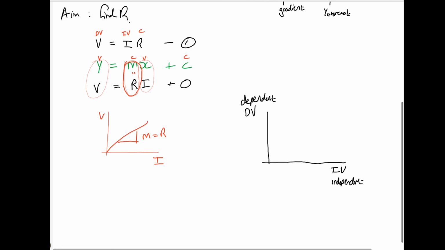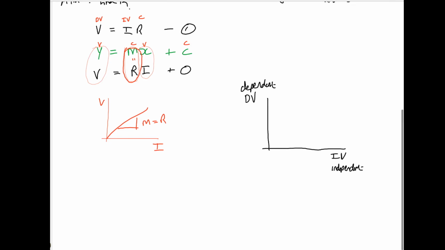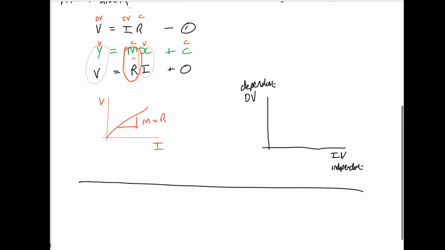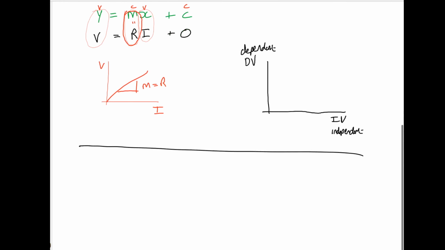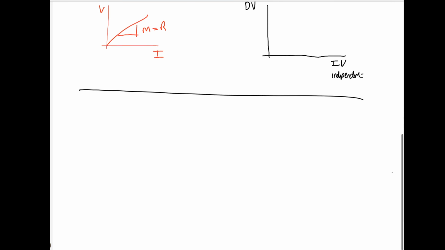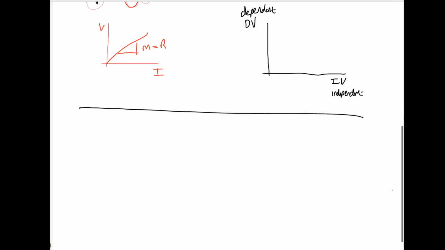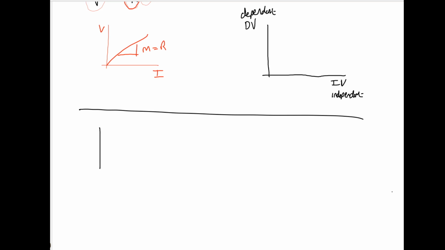Now, if we were to do that, that would really mean that what I should do is plot my independent variable, which would be voltage, on the x-axis, and my dependent variable, which would be current that would change as a result, on the y-axis.